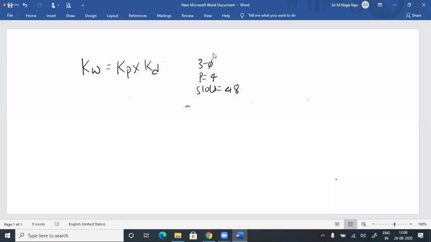What does it mean? Each coil of winding is chorded by one slot pitch. With this data, tell me, is the winding full pitched or short pitched?